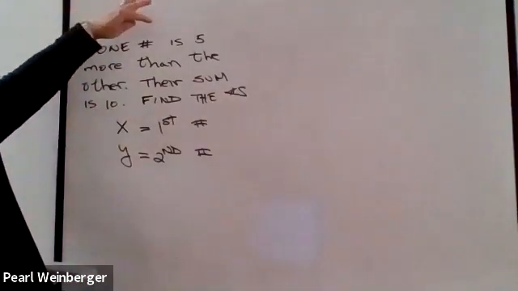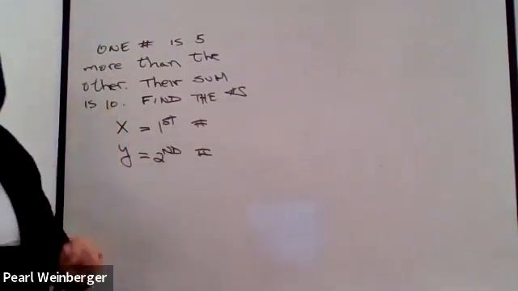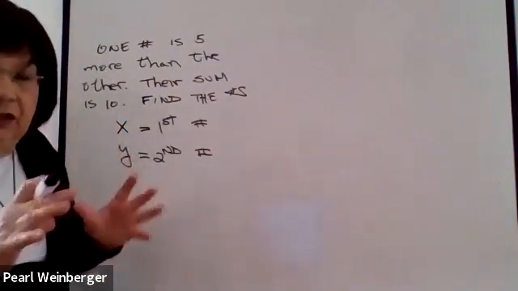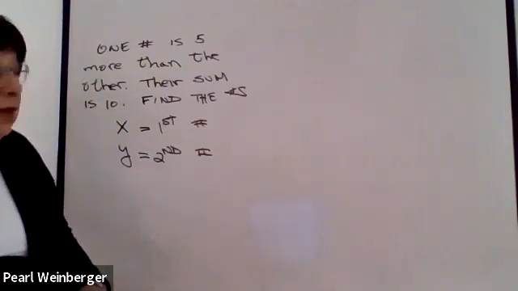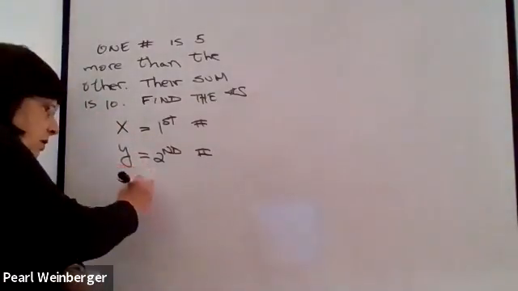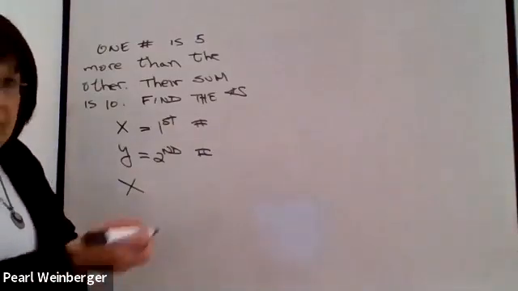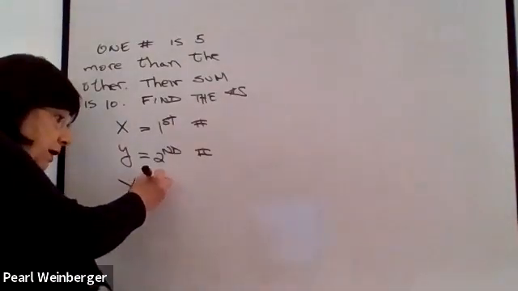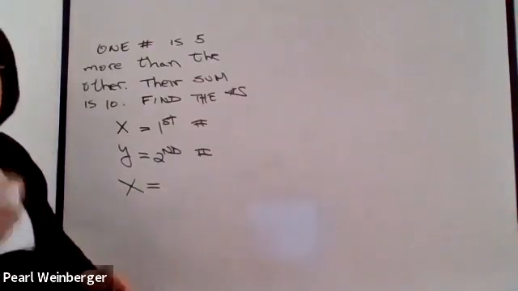One number is 5 more than the other. Let's start right there. That's sentence number 1. That gives us one bit of information. One number, let's call it X, is, how do we write is in mathematics? We make an equal sign. 5 more than the other.